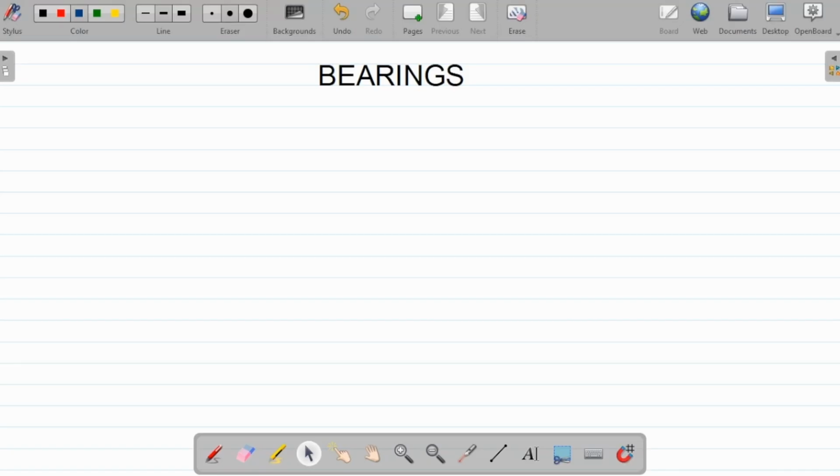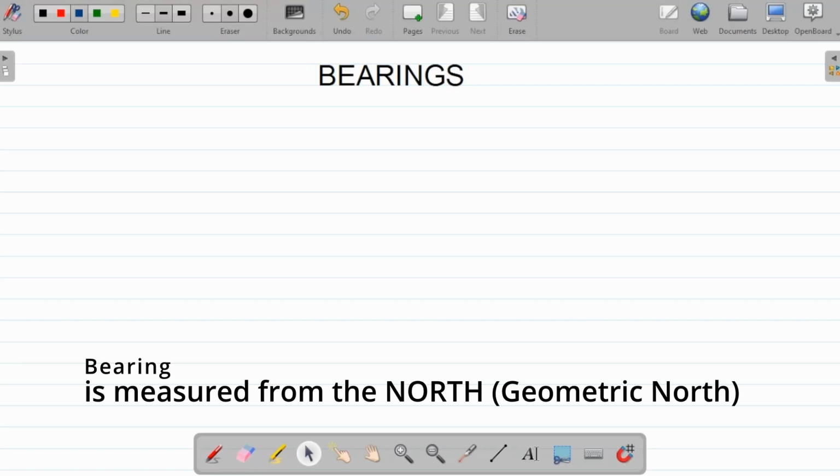Take note that bearings are always angles. I'm going to underline the words "from another" because we always take bearings from one of the places. Take note that a bearing is always measured from the north direction.